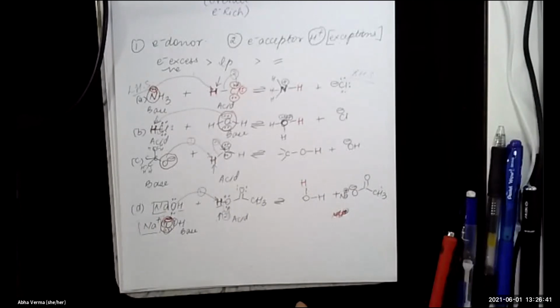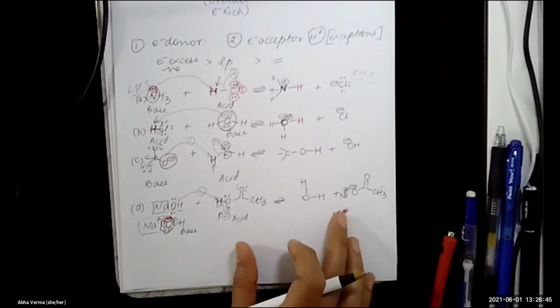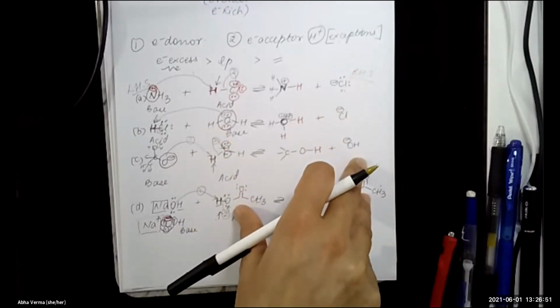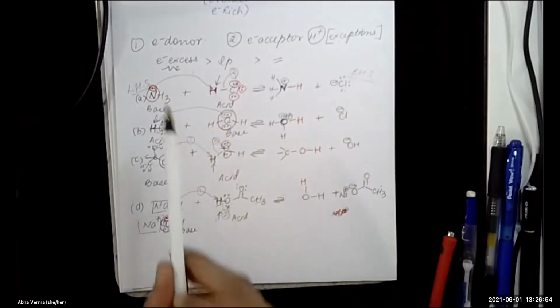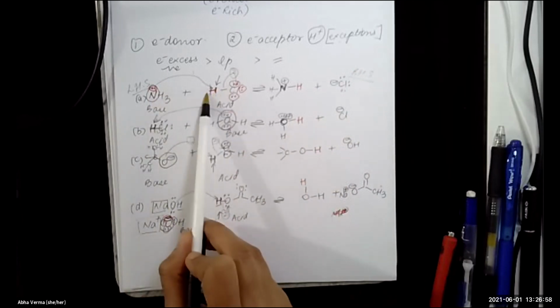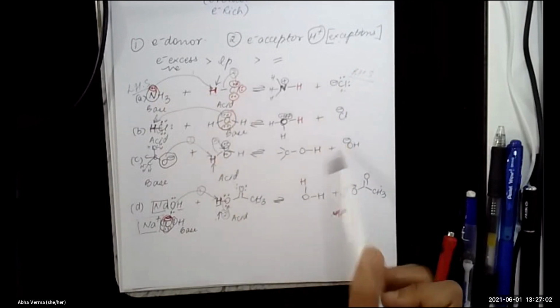Okay. So once we have drawn these arrows, it will help us see the products as well. The atom which your leaving hydrogen or acidic hydrogen is leaving must have the excess electrons on it.